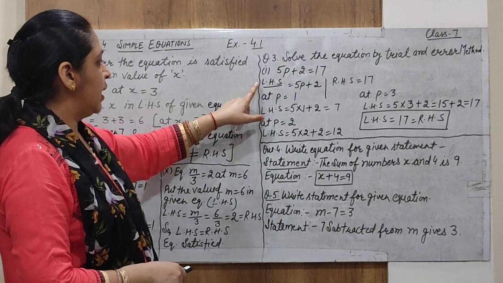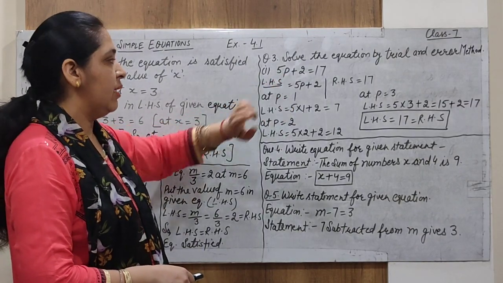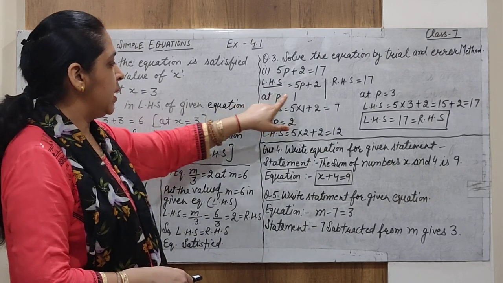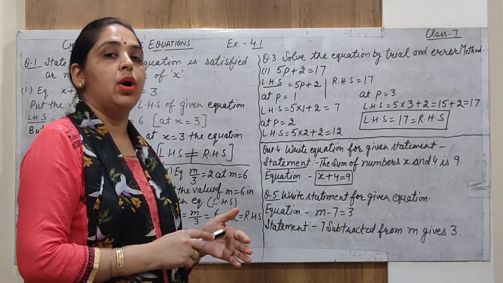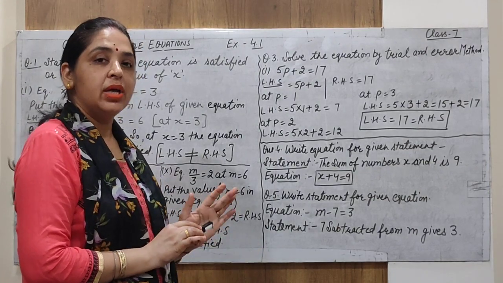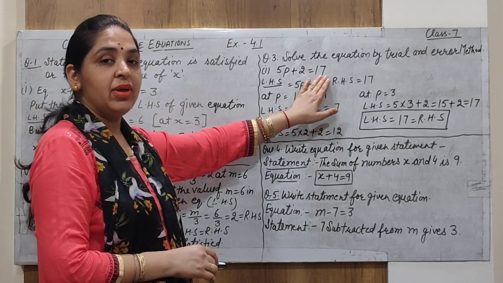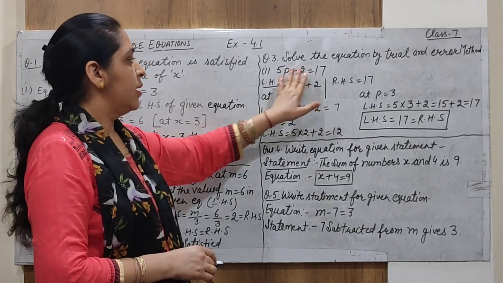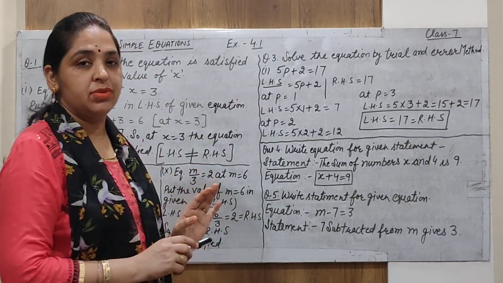Let us start with the left hand side, because the variable is given in the left hand side. At p is equal to 1. In the trial and error method, we can select positive as well as negative integers. But here, because the result is positive and 17 is greater than these terms, we select only positive values.